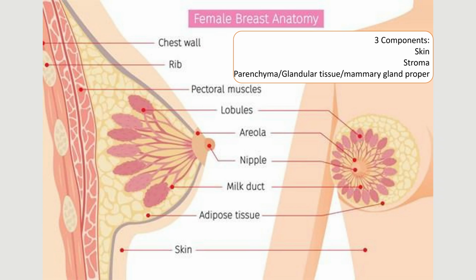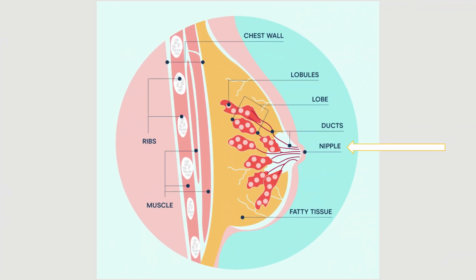The mammary gland consists of three anatomical components, which are the skin, the stroma, then the parenchyma or the glandular tissue or the mammary gland proper. The first anatomical component of the mammary gland is the skin covering the breast. The skin again consists of nipple and areola.